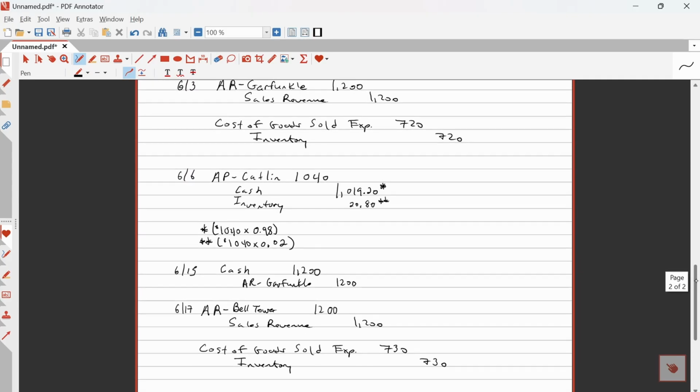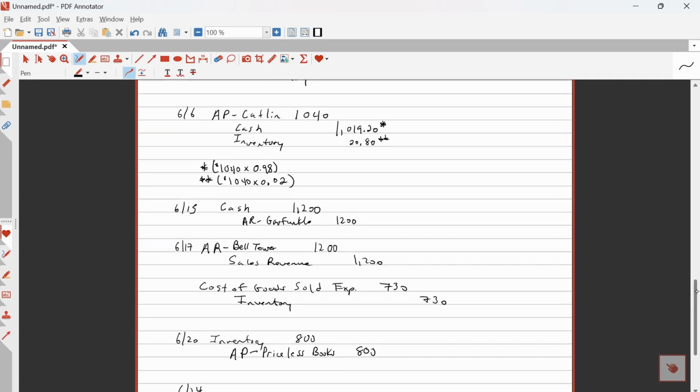This is going to be similar to the entry on 6/15 where we received money from Garfunkel who owed us $1,200. The only difference is, in this case, Bell Tower is the person who owes us, and they're paying within the discount period, whereas Garfunkel paid outside of the discount period, so they didn't get a discount. So it's going to be similar to that entry, but not the same.